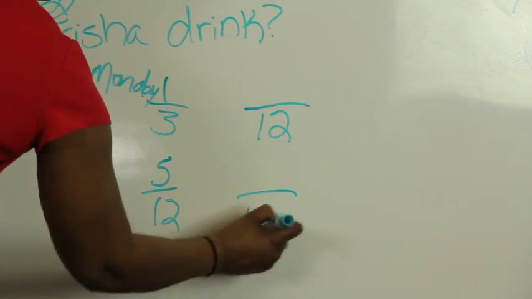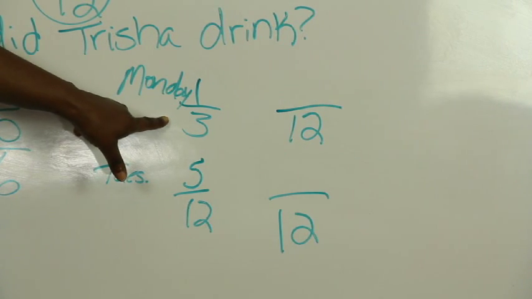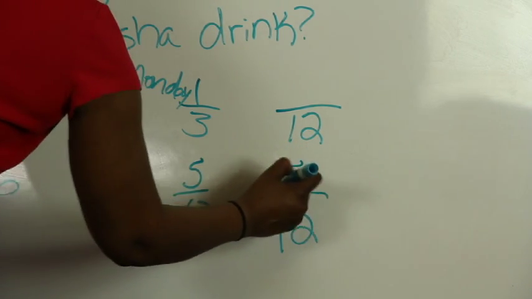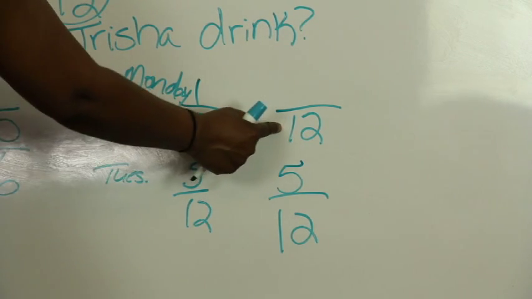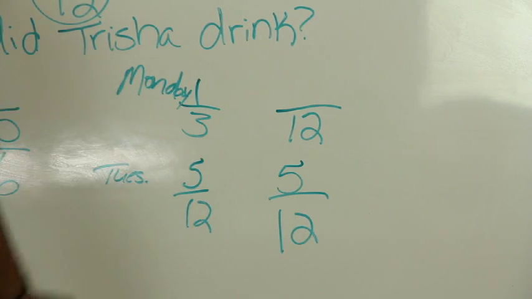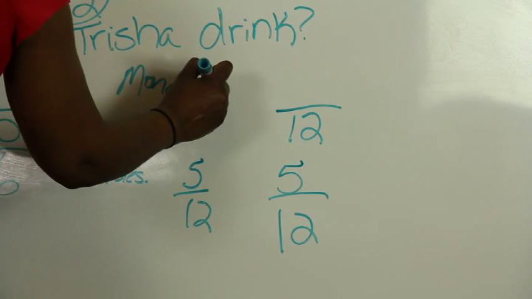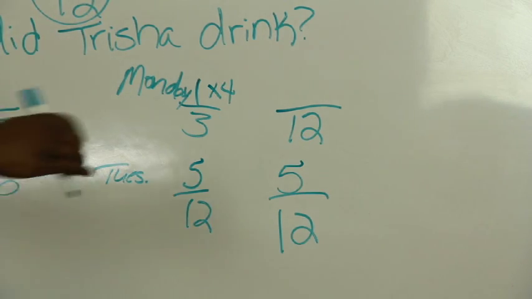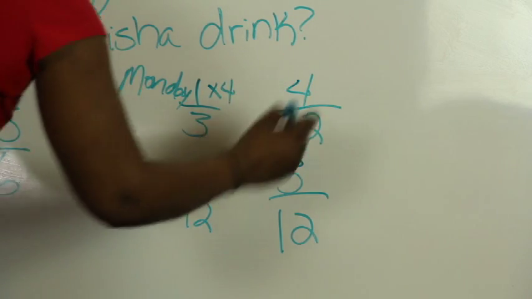We're going to use 12 as the common denominator just because 4 times 3 is actually 12, so that'll work. Tuesday's number will stay the same, but for 12, the factors are 3 times 4, so we're going to do 1 times 4 to come up with our numerator for the top number, which is going to be 4.